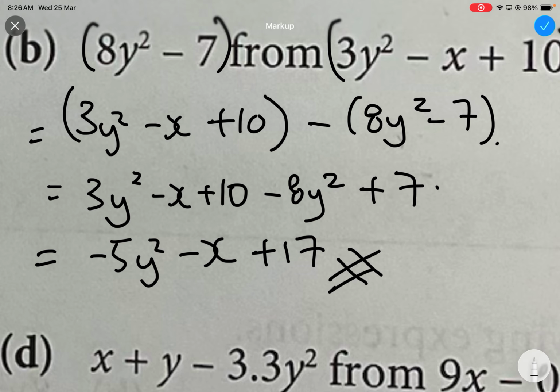Okay? Then I see 9x minus x. 9x minus x left with 8x. Then I can go to my y or go to my y square. I go to my y square minus 0.8 plus 3.3. So again, you can key calculator minus 0.8 plus 3.3.